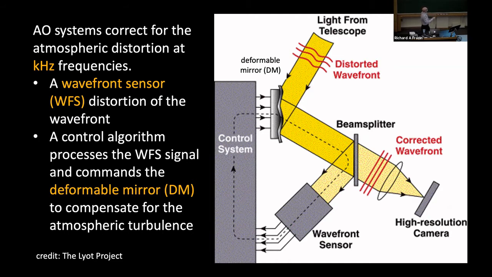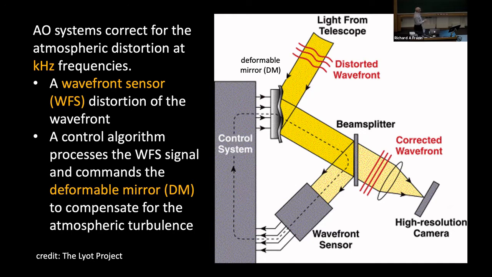And so the wavefront sensor measurements are processed by a control system. So you've got to do some computations given whatever measurements the wavefront sensor makes. And then the control system makes the command to the deformable mirror. And this is called a closed loop control system because what you're sensing is the corrected signal. Now, this update needs to happen at a kilohertz frequency because that's how fast the atmospheric turbulence evolves.